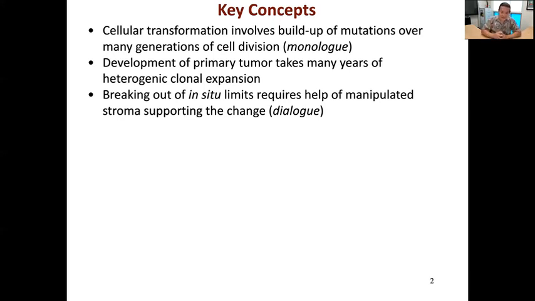That's why in the last few lectures we've been appreciating how it's not so much a monologue of this one transformed cell. It's actually now a dialogue having to do with how that transformed cell is changing the way it is supported by the surrounding tissue.